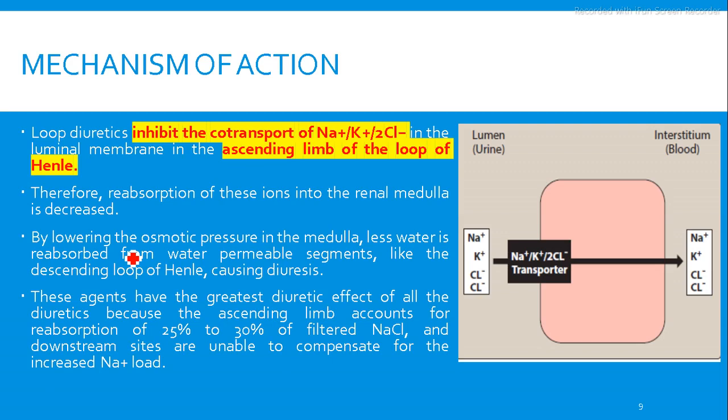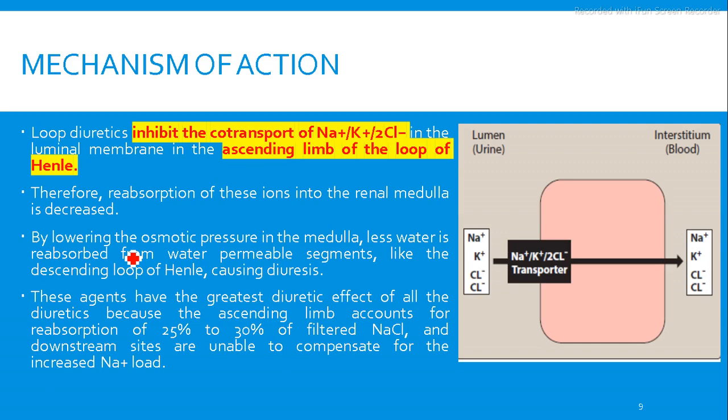Understand one thing very clearly about what these diuretics do. All of these diuretics have a sole purpose in producing diuresis: they inhibit any transporter that transports sodium from the lumen, that is from the filtrate, to the interstitium.